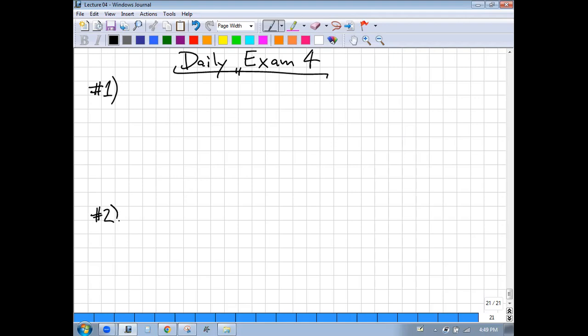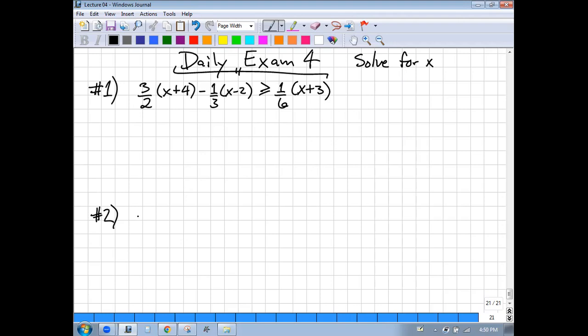So let's do some more solve for x. Solve for x. One-third x plus 4 minus 1/3 x minus 2, greater than or equal to 1/6 x plus 3.